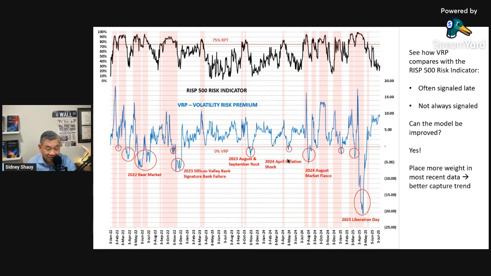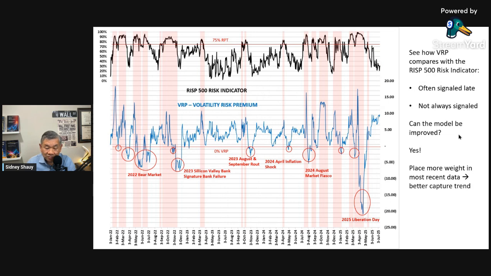For example, this one here, late, it already happened, right? Here, this one here, right? This one late, it's already happened, right? And so on and so forth, right? So we have several examples here. You can see for yourself. So the thing is that it often signals late and does not always signal.